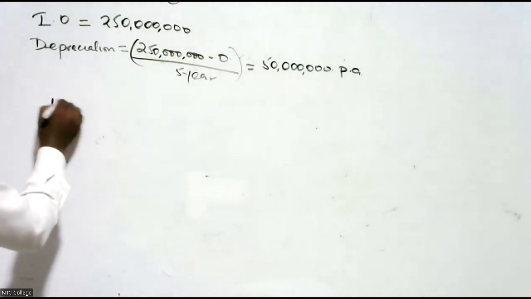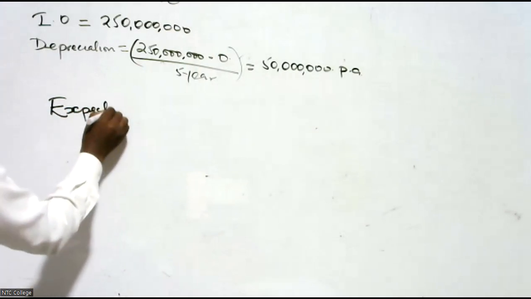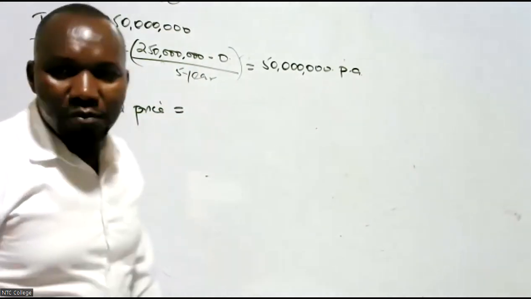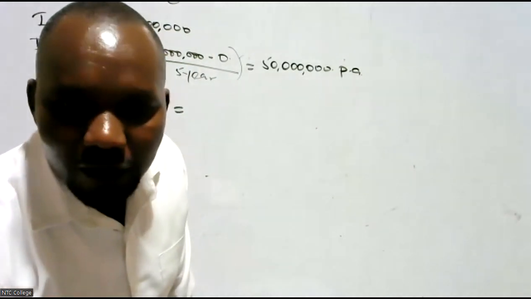So let's get the expected price. The expected price is basically the average of all the prices that you're given.